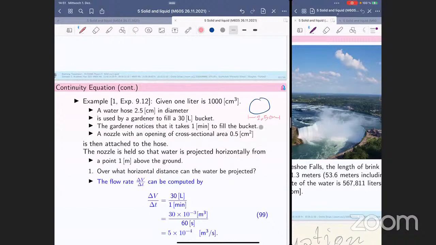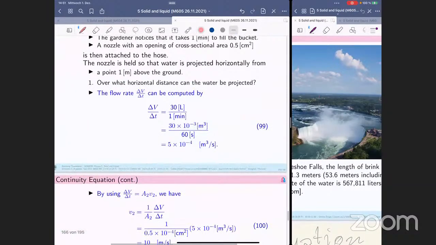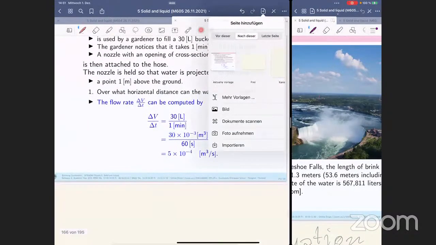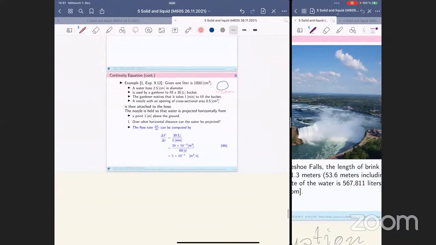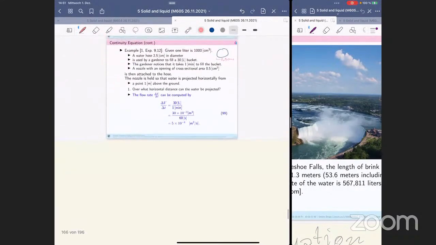Let's draw what's going on. In physics, please try to draw what happens in figure form so that it's easily understandable. This is the first scenario.